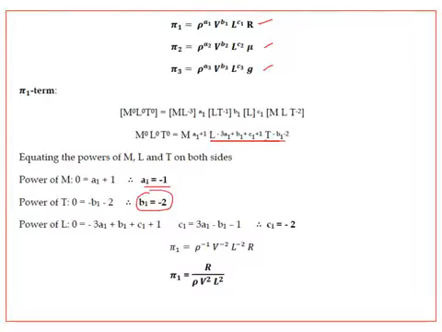For L, -3a1 + b1 + c1 + 1 is equal to 0, so c1 is 3a1 - b1 - 1. Substituting a1 as -1 and b1 as -2, we get c1 is equal to -2. So rho to the power of -1, V to the power of -2, L to the power of -2, R. That gives R by rho V square L square.